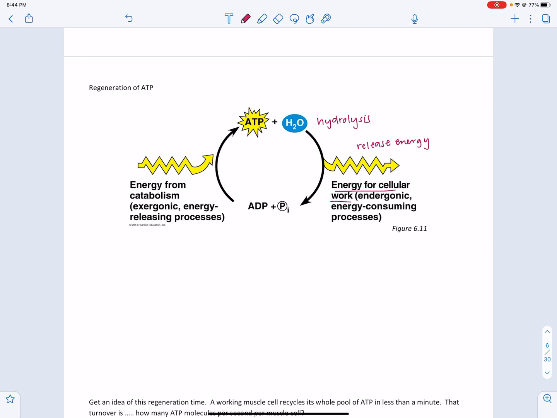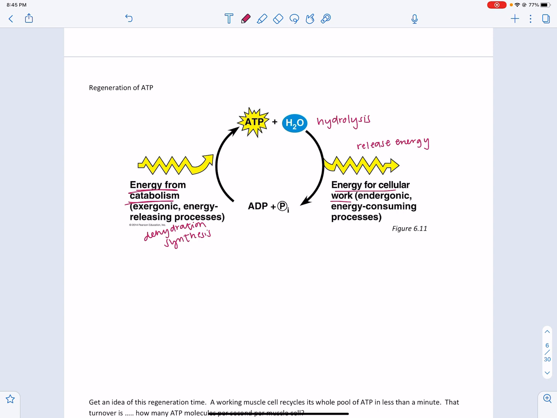On the other hand, you use dehydration synthesis to form a bond between a second and a third phosphate to regenerate ATP. That requires energy, so forming ATP is an endergonic process.